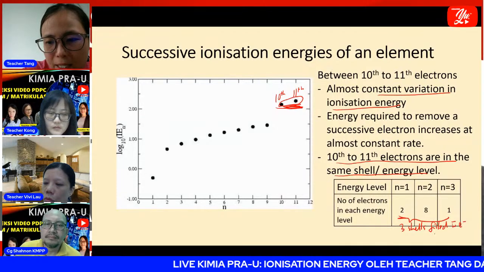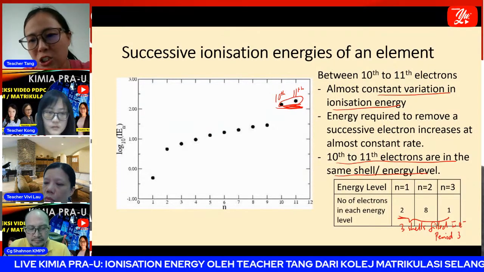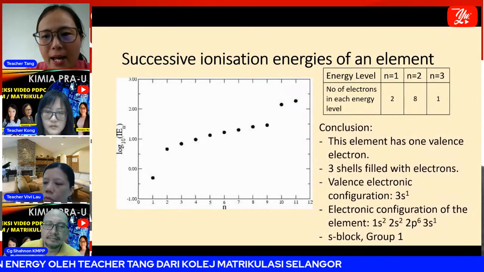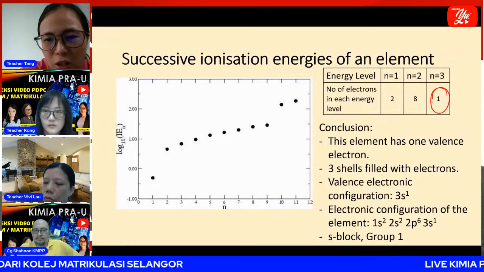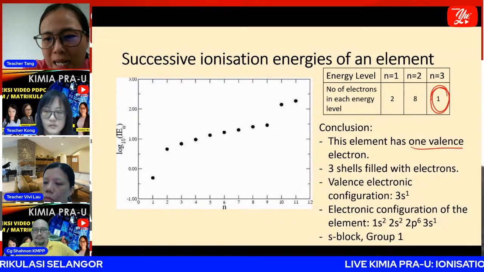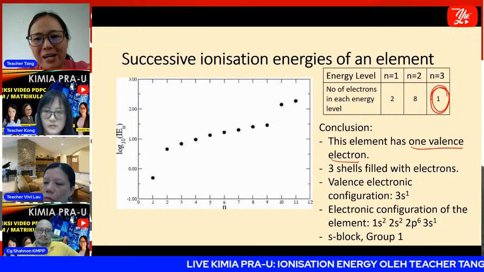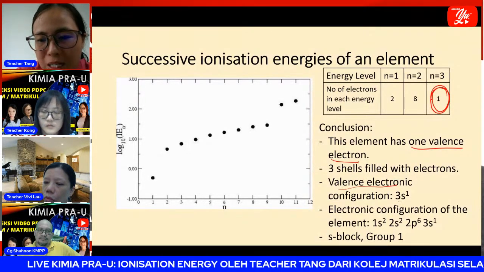Therefore, this element is a period 3 element, because it has 3 shells filled with electrons. This element has 1 valence electron. You have learned that if there is 1 valence electron, the valence electronic configuration must be 3s1.